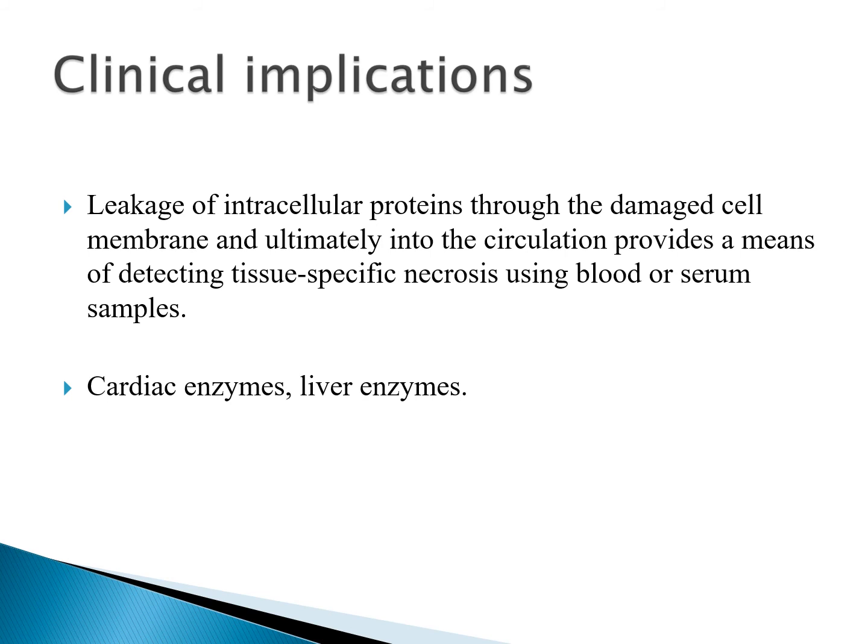For example, when we suspect a myocardial infarction or myocardial muscle necrosis, the cardiac enzymes will leak out and enter the blood, and we can detect them by laboratory investigations, by measuring cardiac enzymes in the blood.